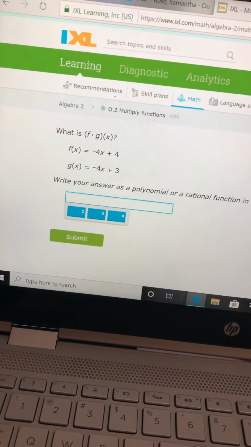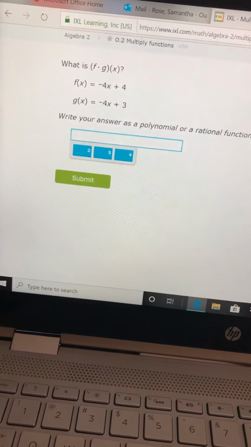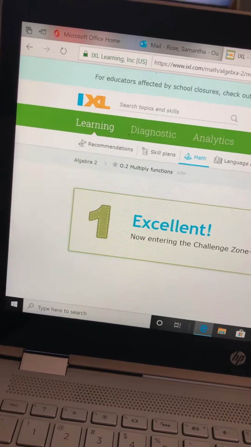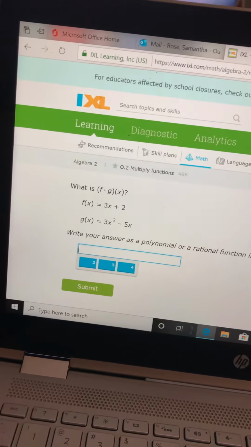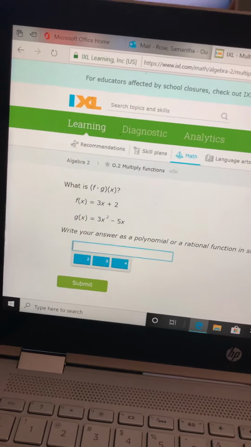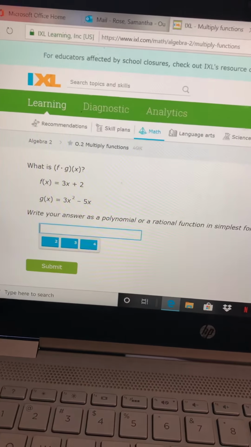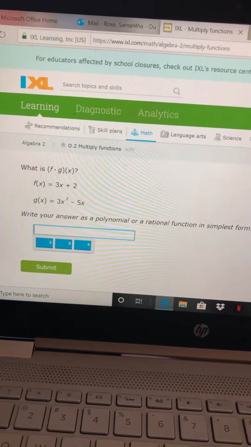Again, FOIL method, it's a binomial times a binomial here on this problem. So let me skip ahead and see if they get a little bit more difficult. And I'm in the challenge zone, but even in the challenge zone, this is still a binomial times a binomial. So it's just going to be FOIL method again. 3x plus 2 times 3x squared subtract 5x.